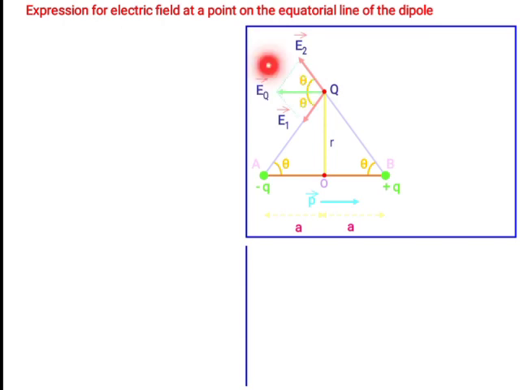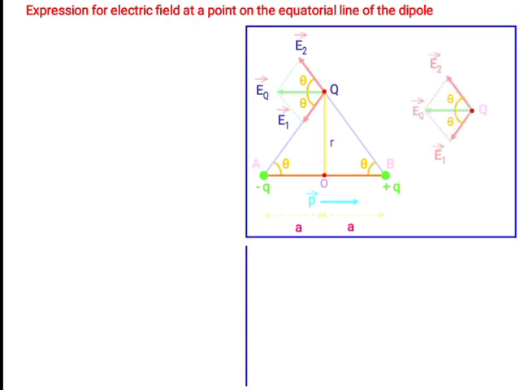EQ is the resultant electric field. E1, E2, EQ are all vector quantities, and this is the angle theta between E1 and EQ, and this angle theta is between EQ and E2.